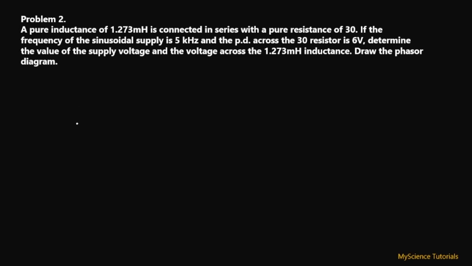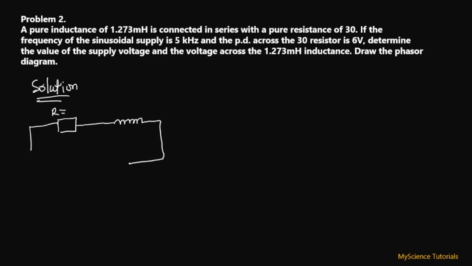Okay, so this is pretty easy. Let's go ahead and jump into the solution for this particular problem. To enhance our understanding of this question, let's draw the circuit. So we have a resistor R, and then we have an inductance connected to an AC source over here.